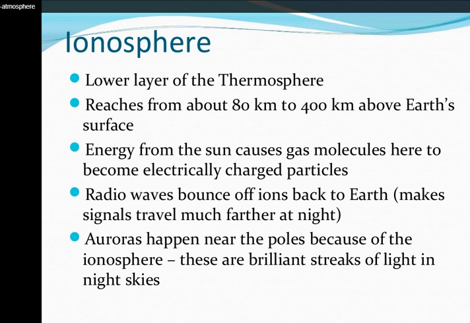Radio waves bounce off the ions back to Earth, which makes signals travel much farther at night. Auroras happen here, the display of colors, if you remember I said it, near the poles because of the ionosphere. These are brilliant streaks of light in night skies.